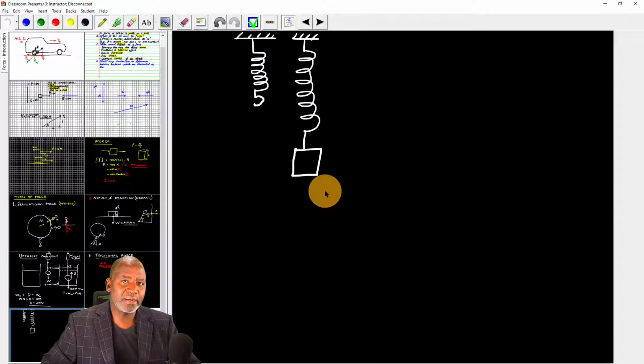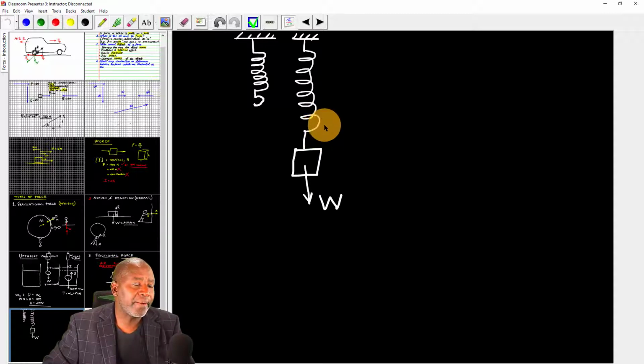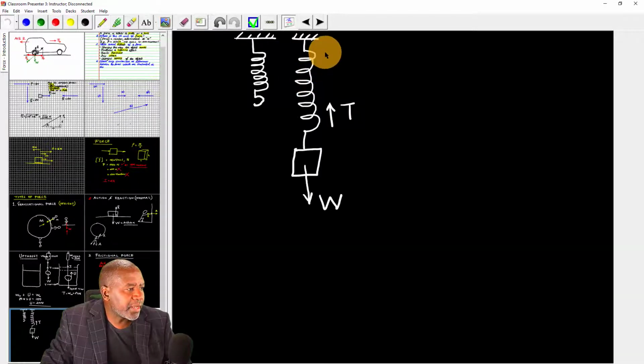It will extend. It's because this mass pulls it downwards with a force equal to its own weight. And then this spring pulls it upwards with a force equal to tension in the string or in the spring. The same spring pulls this support downwards with a force equal to tension in the spring.